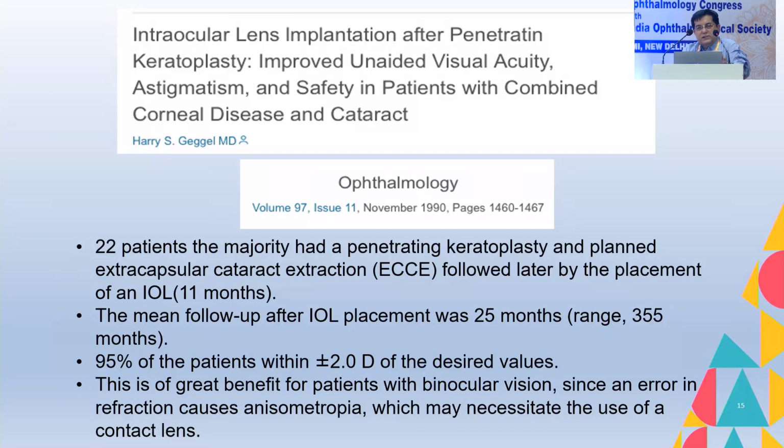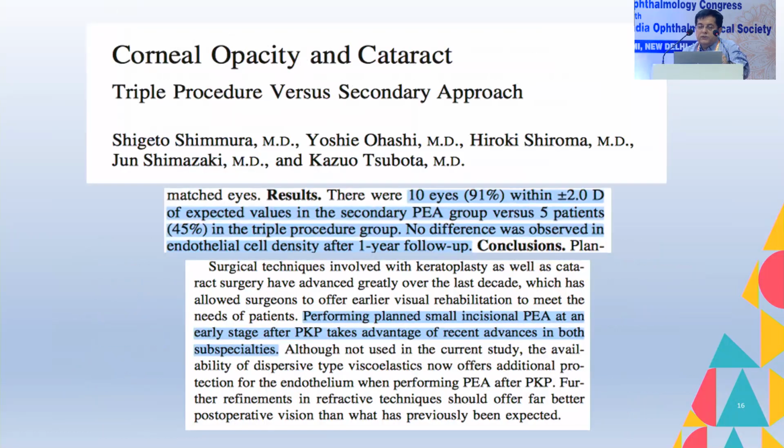It takes about 6 months and beyond for the keratometry to stabilize in keratoplasty patients. So, if time permits, you should do a keratometry after 6 months, and based on that do the biometry calculations and put in the IOL, which gives you a much better outcome. In this study, 95% of the patients were within ±2 diopters when they did a sequential surgery.